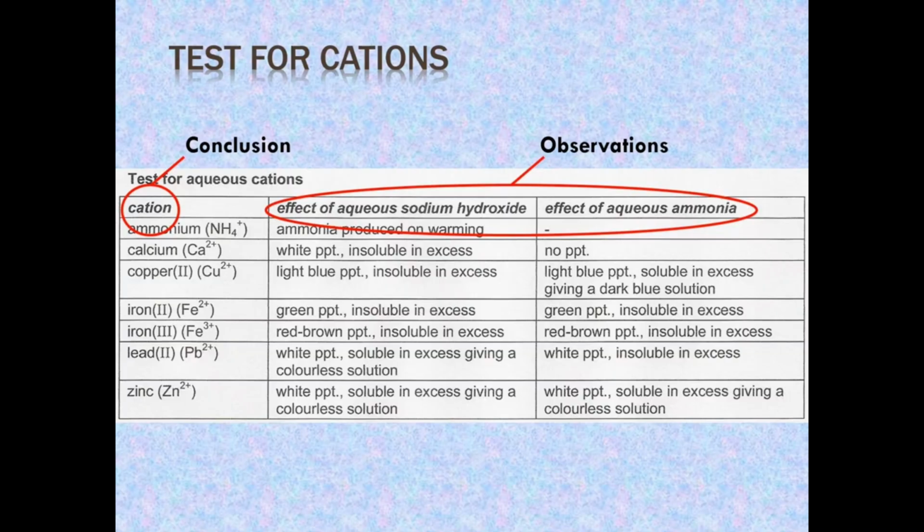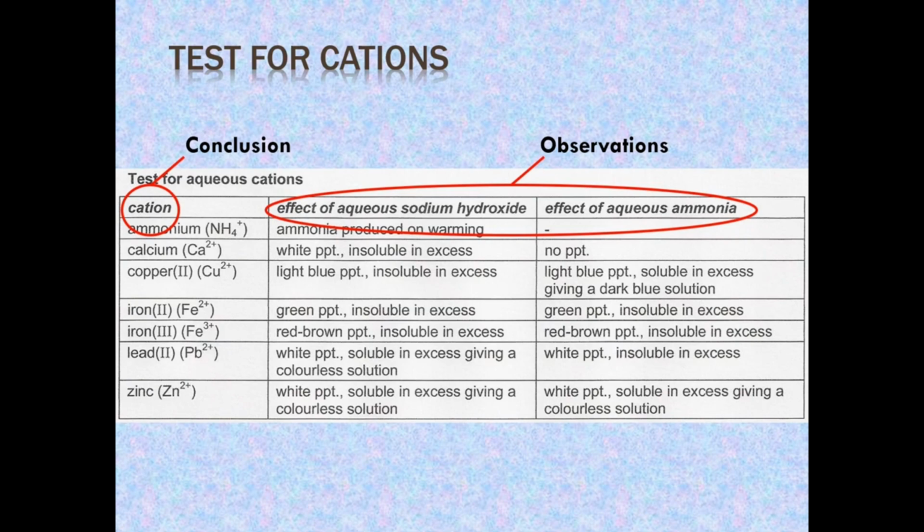For the iron 2 ions, which I've just said, it forms a green precipitate even in excess of both aqueous ammonia and sodium hydroxide. Iron 3 forms a red-brown precipitate insoluble in excess of aqueous sodium hydroxide and also aqueous ammonia.